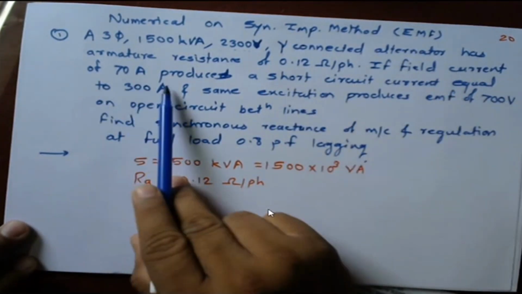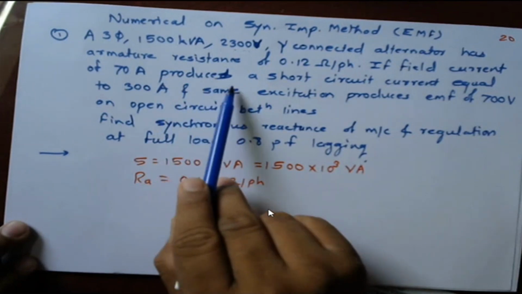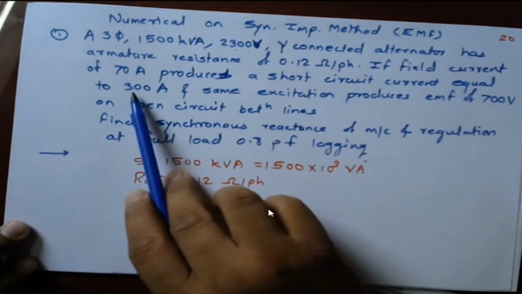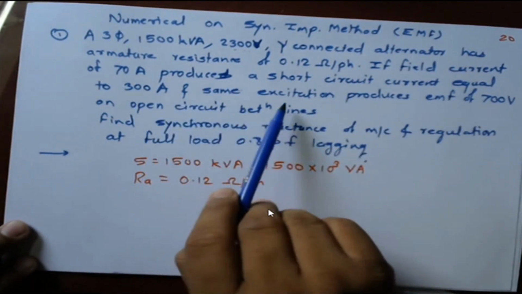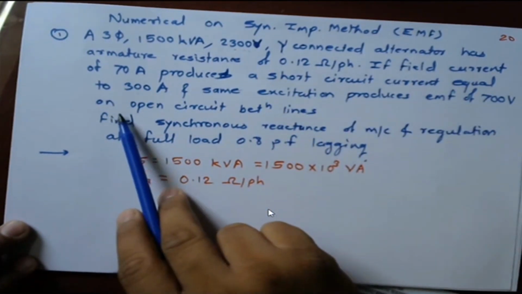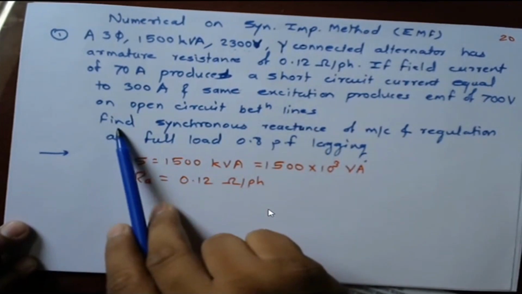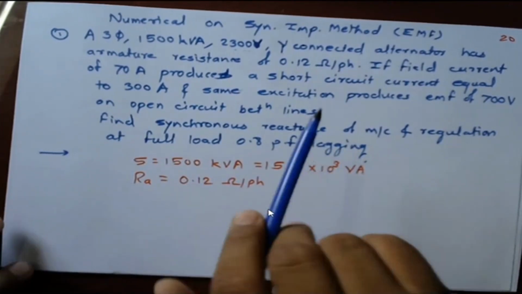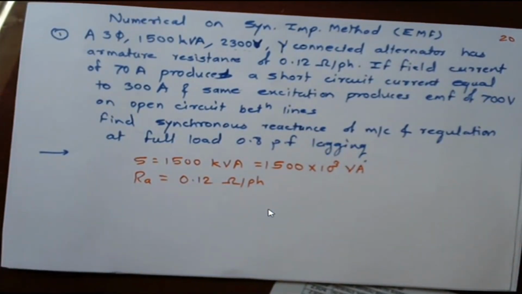If field current of 70 amps produces a short circuit current equal to 300 ampere and the same excitation produces EMF of 700 volt on open circuit between the lines, find the synchronous reactance of the machine and regulation at full load 0.8 power factor lagging.